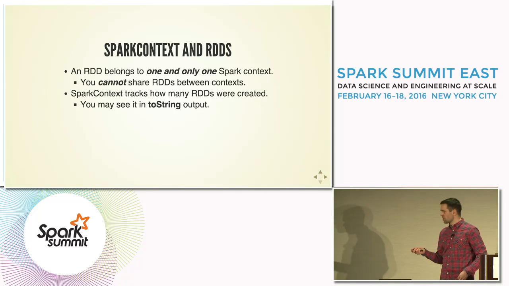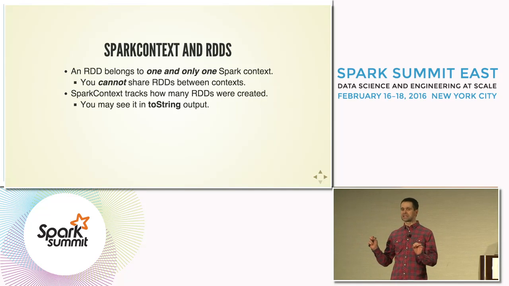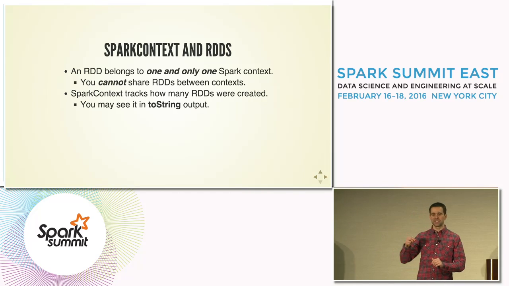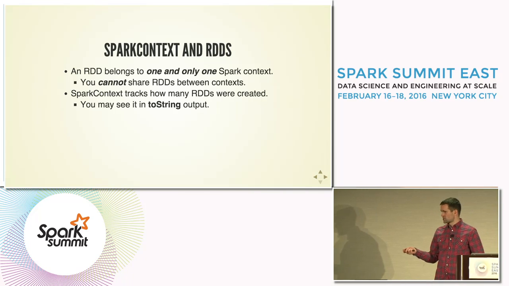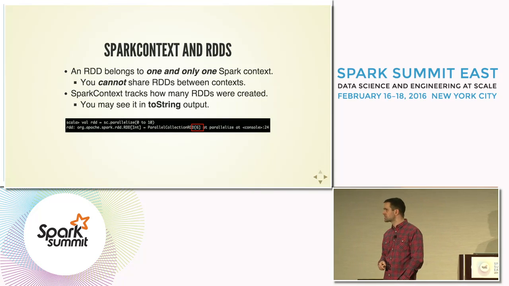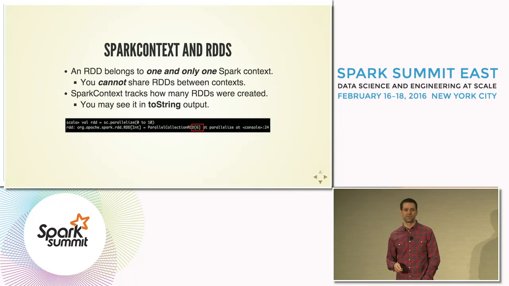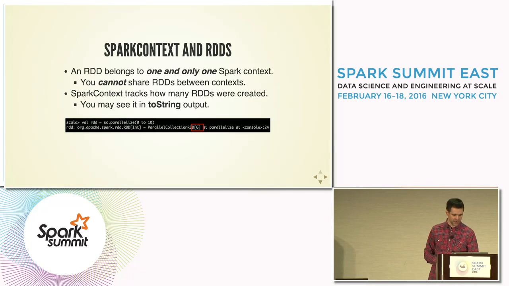Spark context internally tracks the number of RDDs created. So when you print or stringify an RDD, you will see the identifier of the RDD, which is the number of RDDs created so far. It might be useful, might not. Use toString to see it, and this is the sixth instance of RDD created so far. Not very many, but you will probably see more than 6 in your Spark applications.